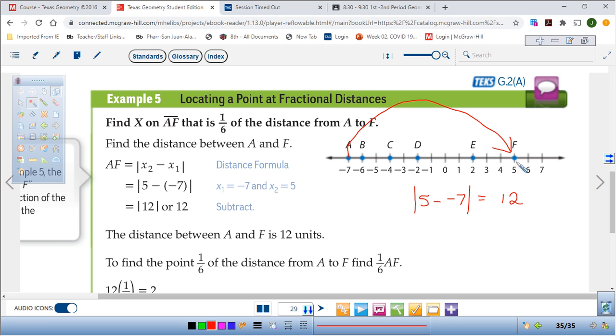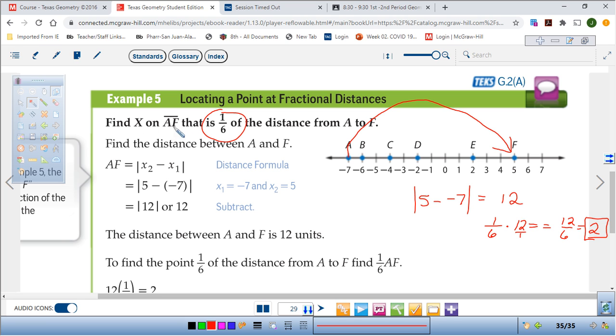They want to know X, which is 1/6 of that. So we're going to go with 1/6 times 12. You put a 1 under here, multiply it, we get 12 over 6, also known as 2. Okay, so look what this says.